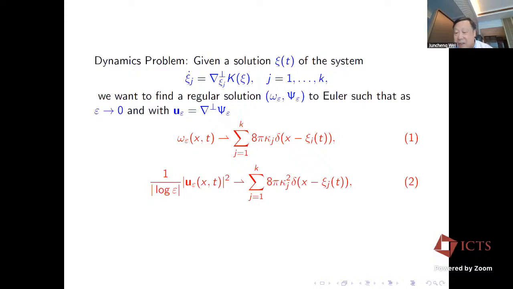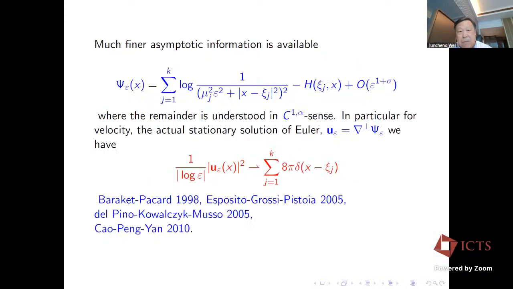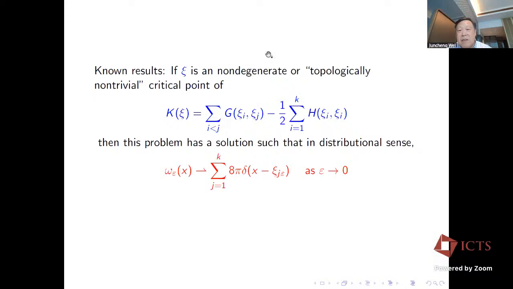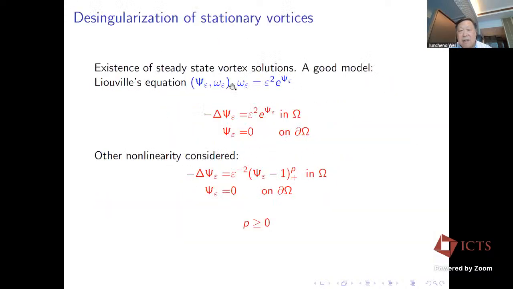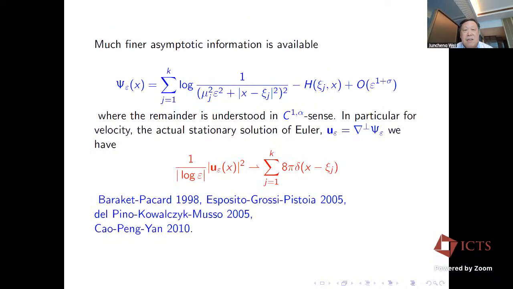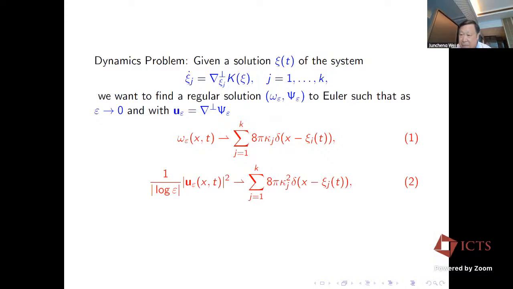But what we are concerned with today is not the elliptic problem. The elliptic problem is: you start with a non-degenerate critical point of the Kirchhoff-Routh function, and you construct a steady state for this nonlinear problem, which is also a steady state for the Euler equation. What we are concerned with today is the dynamic problem.